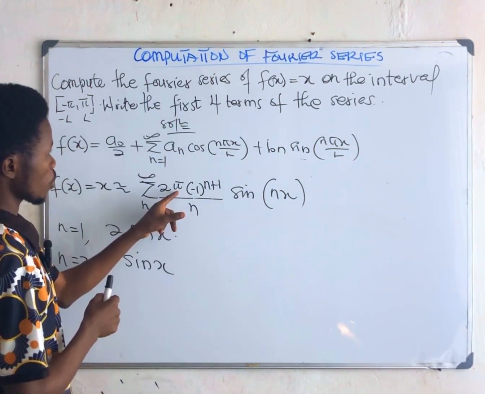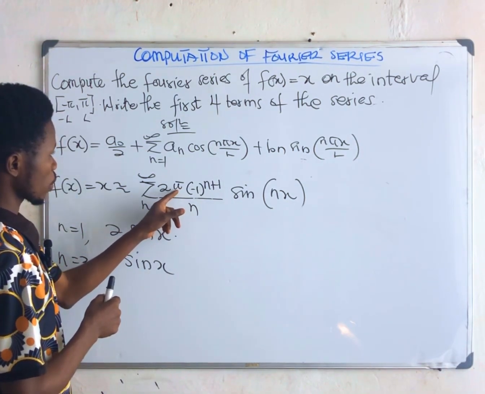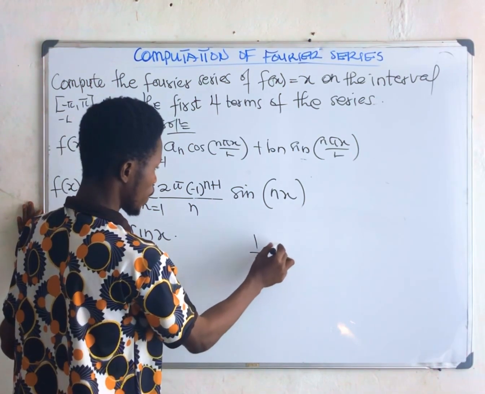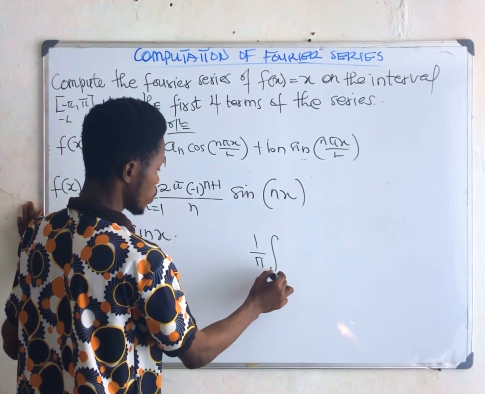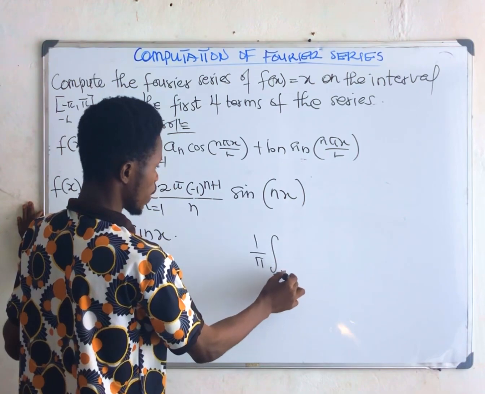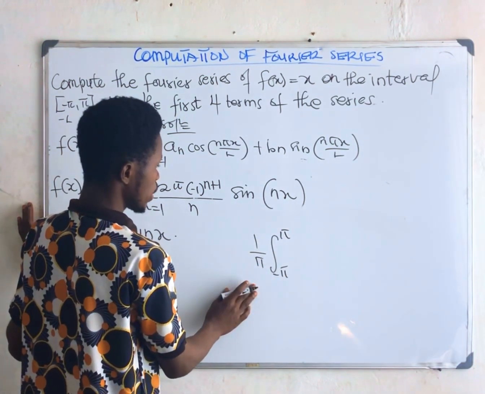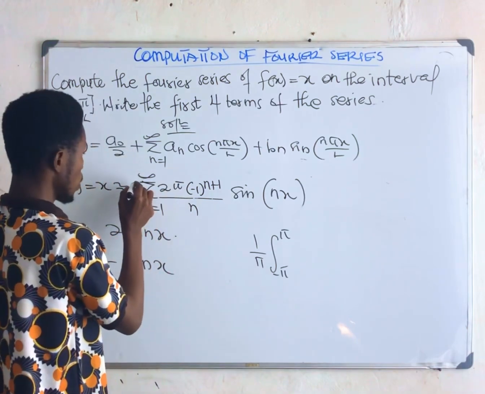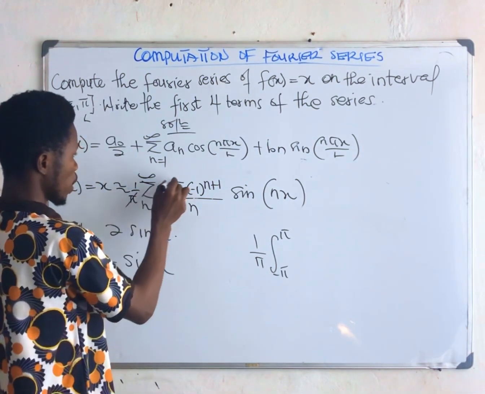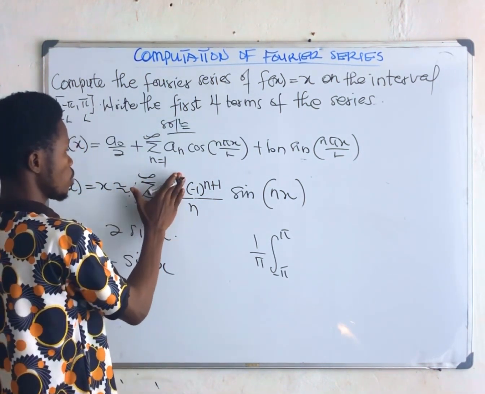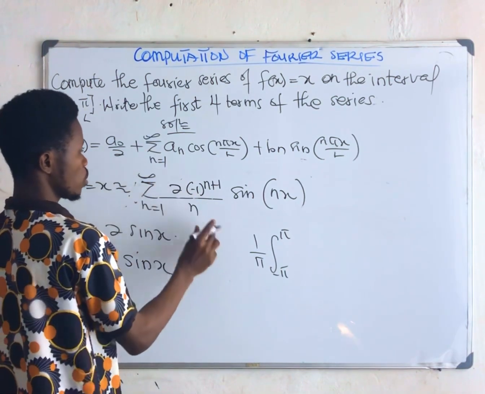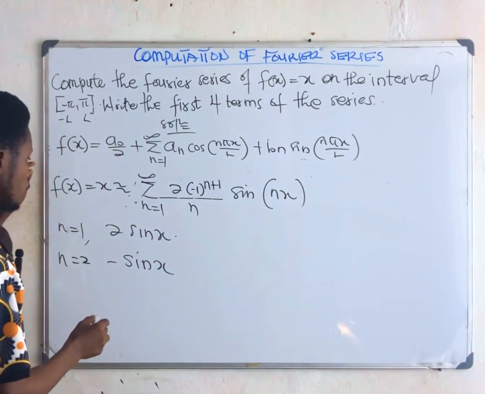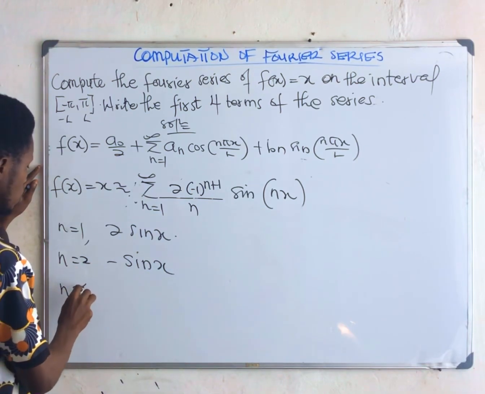I've made a mistake somewhere. Because remember, the formula is supposed to be 1 over pi integral of negative pi to pi, right? So when I solve it, I had pi here. So there must be pi here, and this pi will cancel this, please. So there won't be any pi here. So here will just be 2. I forgot to bring that. Thank you.